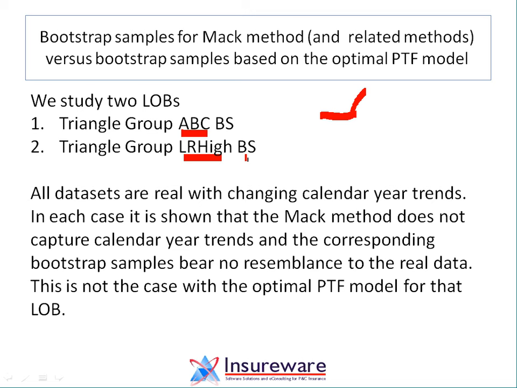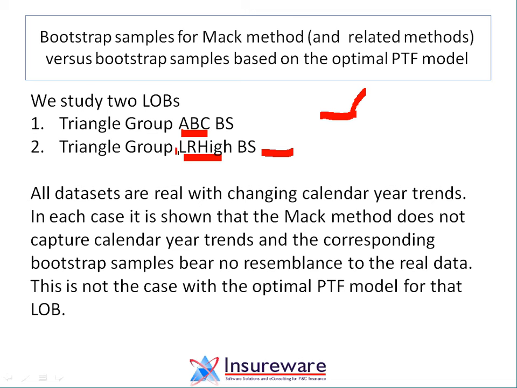So in both cases, you'll find that bootstrap samples based on the MAC method look very different to the real data. In this particular example, link ratio high, LR high, we also find that the MAC method gives a reserve answer which is about twice the reserve that you should be holding.